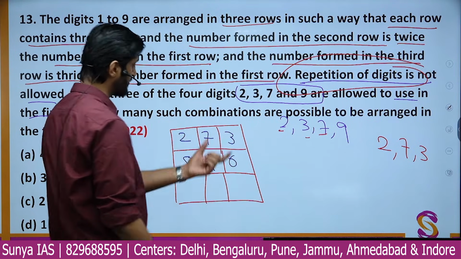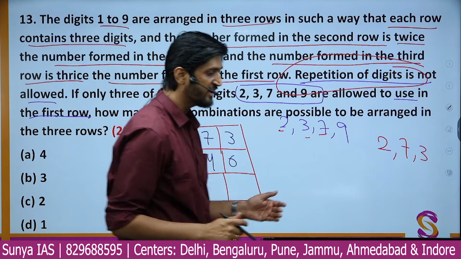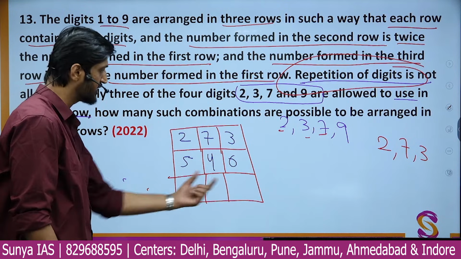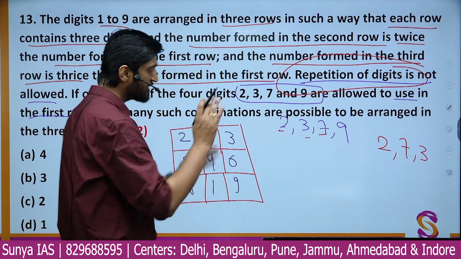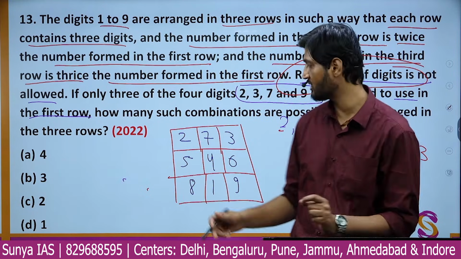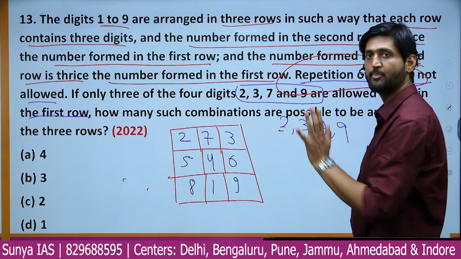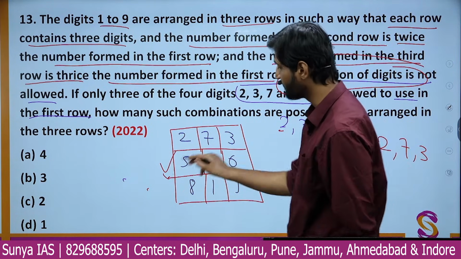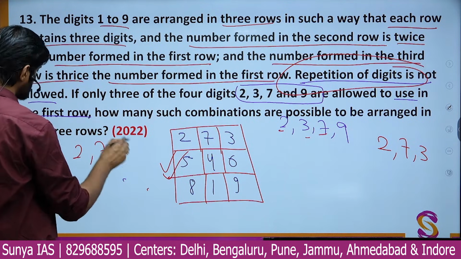When you double it, the number becomes 546. Here also the good thing is no digit is being repeated. And finally, when you multiply this number by 3 to fill the third row, the number becomes 819. So the best thing here in this particular matrix is that none of the values are being repeated. So we have this one possible combination where the first row is filled with 2, 7 and 3.